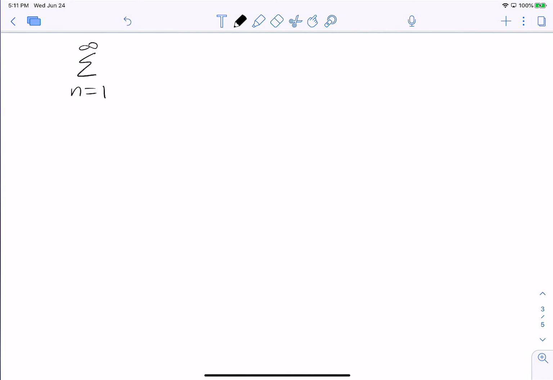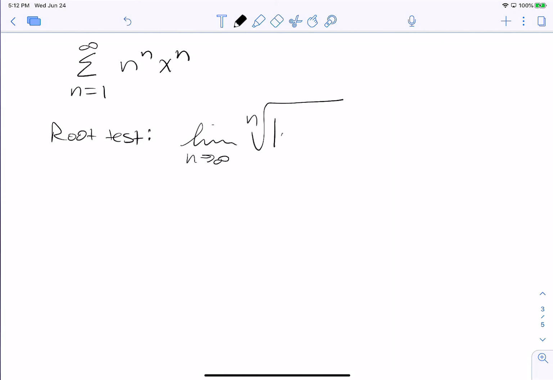We have the sum as n goes from 1 to infinity of n to the n, x to the n. And most of the time we'll use the ratio test, but folks, when I have these exponents of n, I'm going to use the root test. For the root test, we're looking at the limit as n approaches infinity of the nth root of the absolute value of n to the n, x to the n, which is equal to the limit as n approaches infinity of n times the absolute value of x.